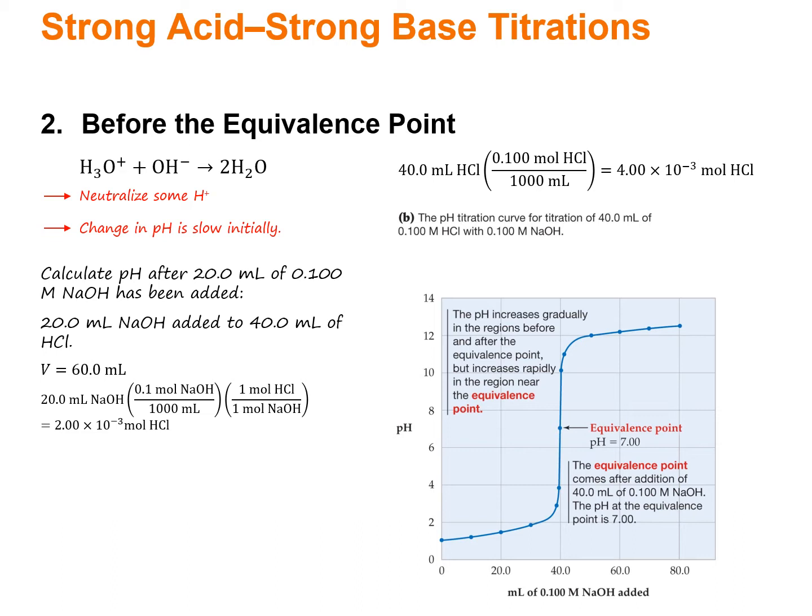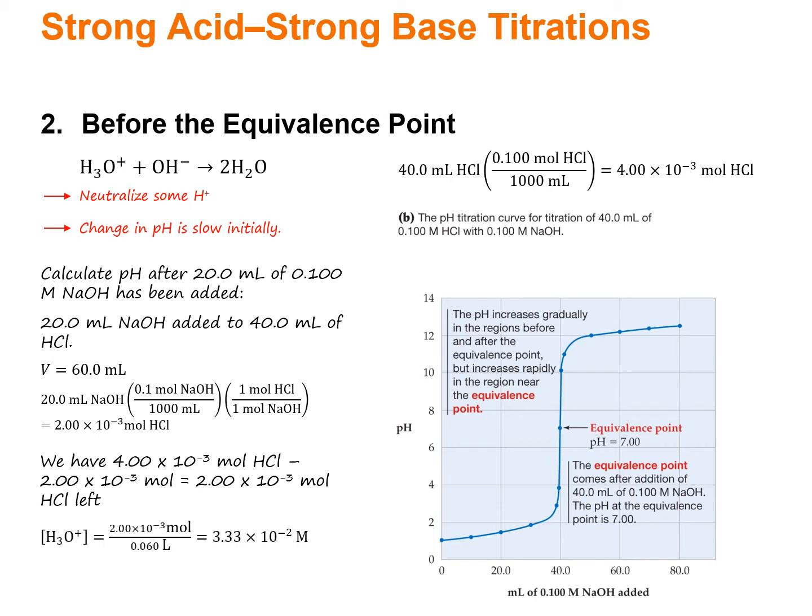So we will basically neutralize 2 times 10 to the minus 3 moles of HCl. If we started with 4 times 10 to the minus 3 moles of HCl and reacted 2 times 10 to the minus 3 moles, then we will be left with 2 times 10 to the minus 3 moles of HCl.